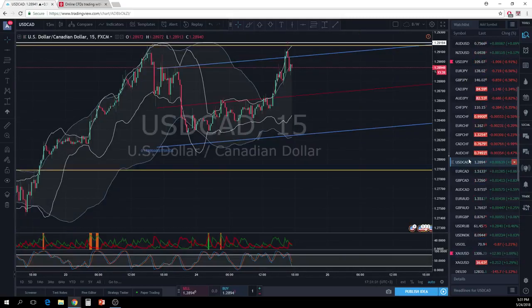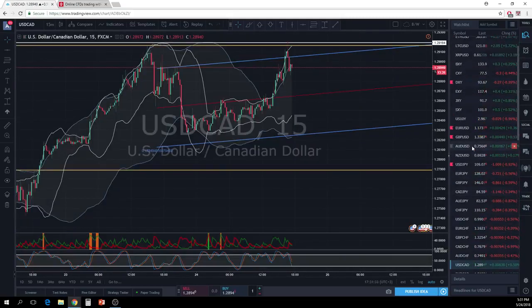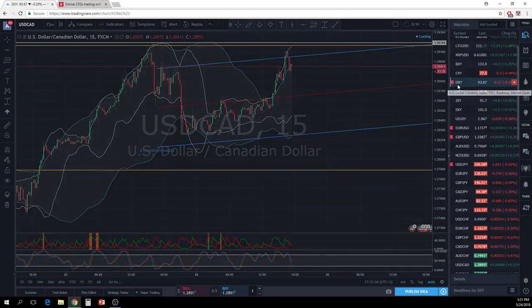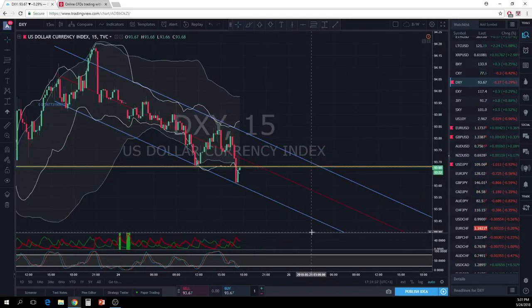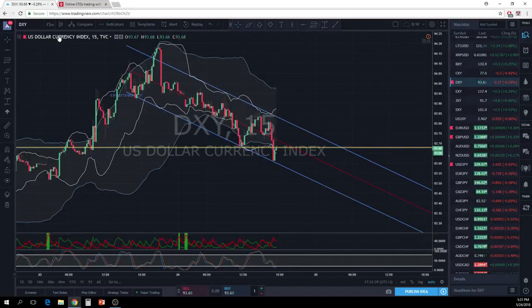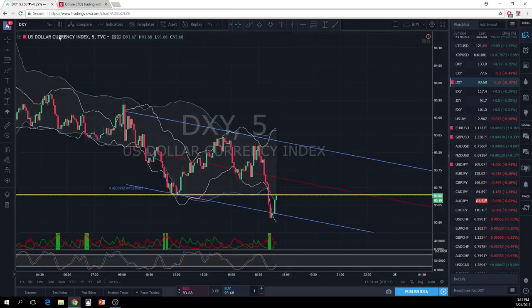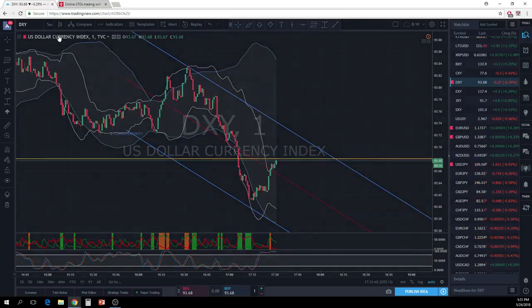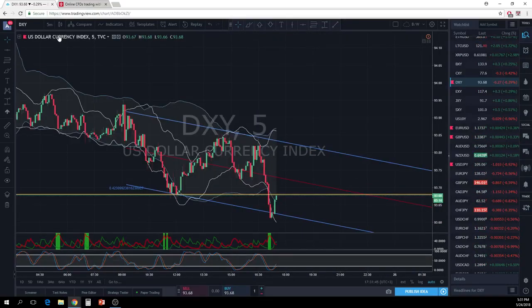Let's see, dollar Canadian dollar, very interesting position. Dollar is increasing now. You can see that a different movement is happening. And this is very interesting since it did bounce off this level right here earlier today and did break through it very fast.